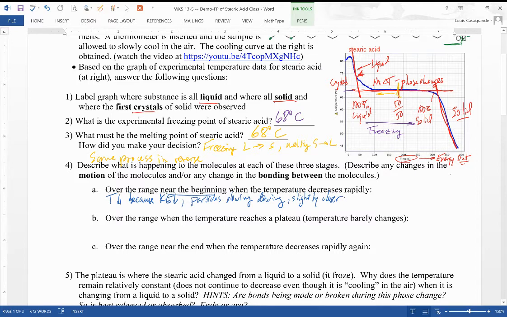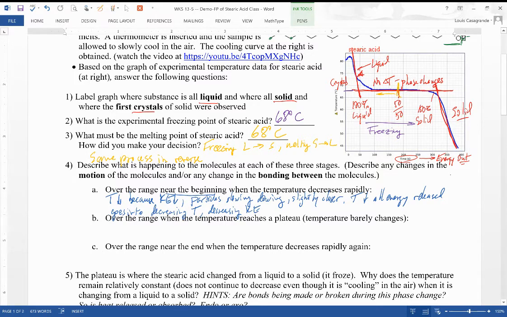And since there's no phase change, the temperature goes down because all the energy released, this is an exothermic process, goes into decreasing the temperature, decreasing that kinetic energy.